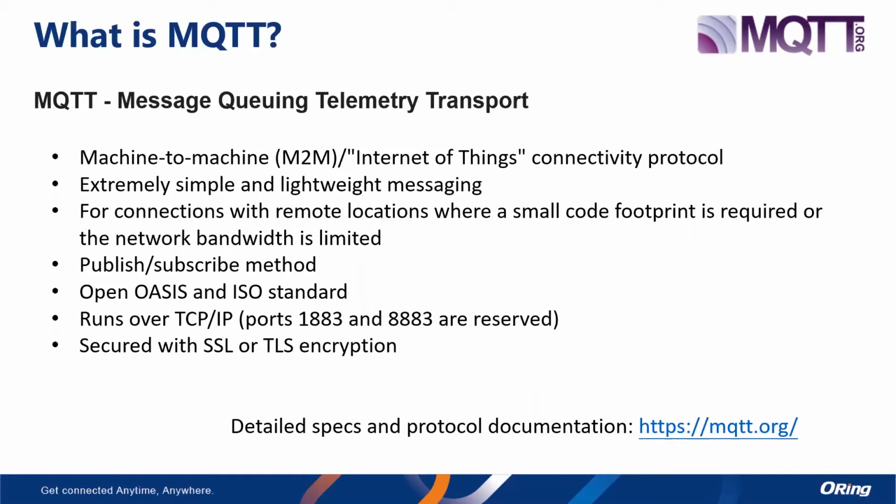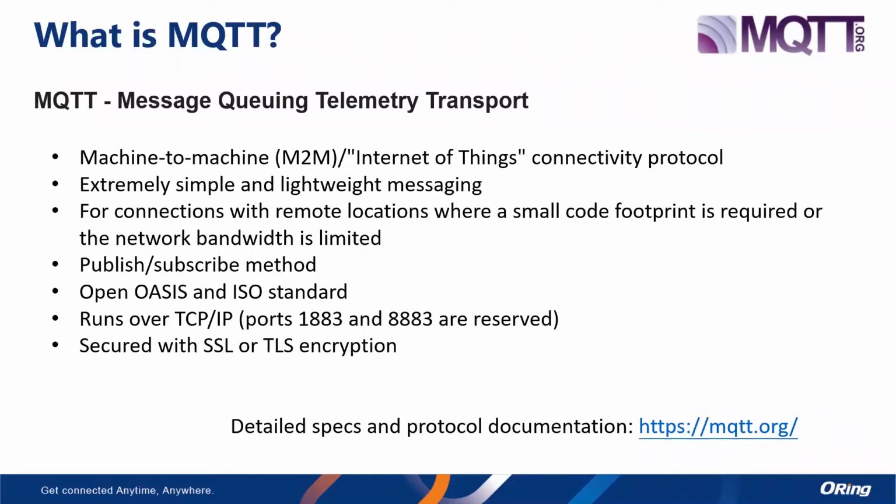It was designed for connections with remote locations where a small code footprint is required or the network bandwidth is limited. It's based on the publish-subscribe method, which I will describe in more detail during the next slides, showing how it works in practice. It's an open standard, which means that everyone can use it, and it's free of charge, of course.